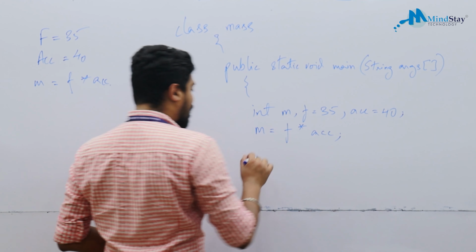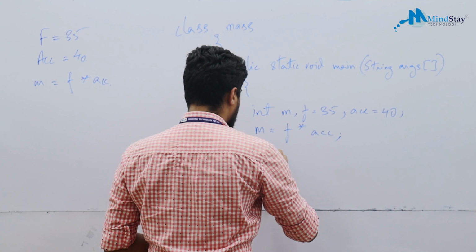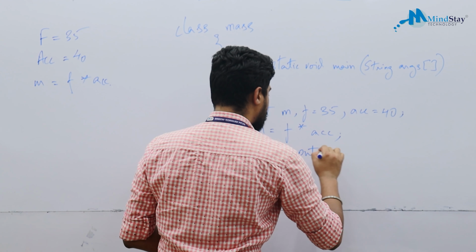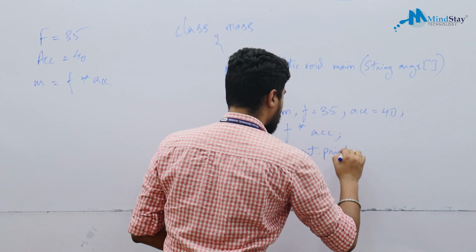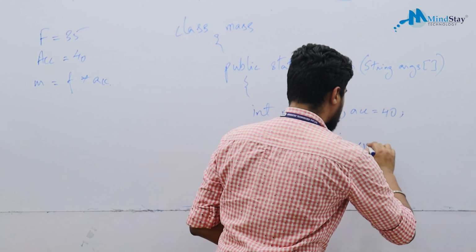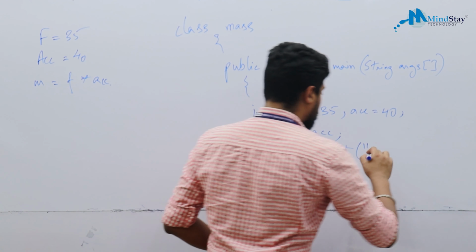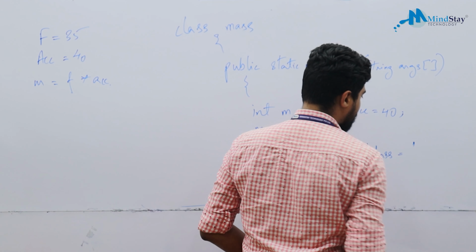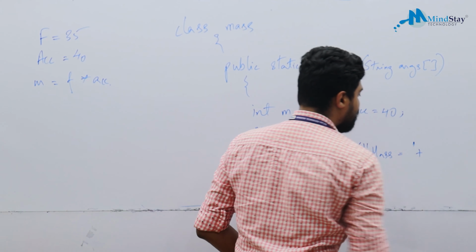Simple, right? And last but not the least, System.out.print. Inside the double quotes, I'll have "mass is equals to", I'll close the double quotes, and I'm using this plus operator.